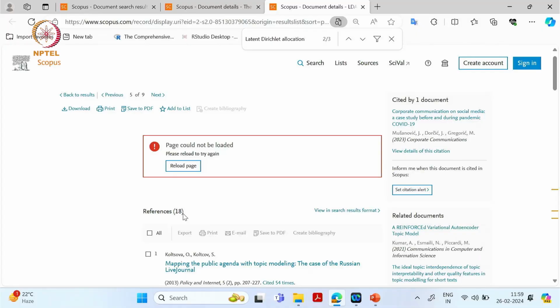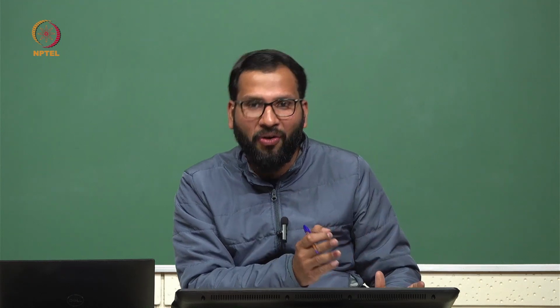If not, the bibliographic coupling strength will be lesser than 18. So this is what bibliographic coupling is. I have taken this just as an example, and all these things will be visualized with the help of different software which we will be covering in the next week.